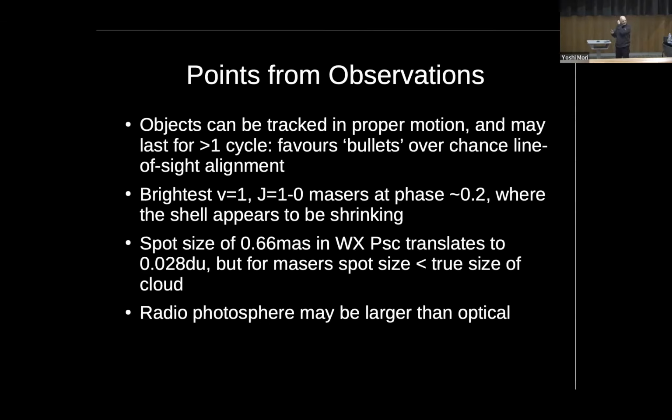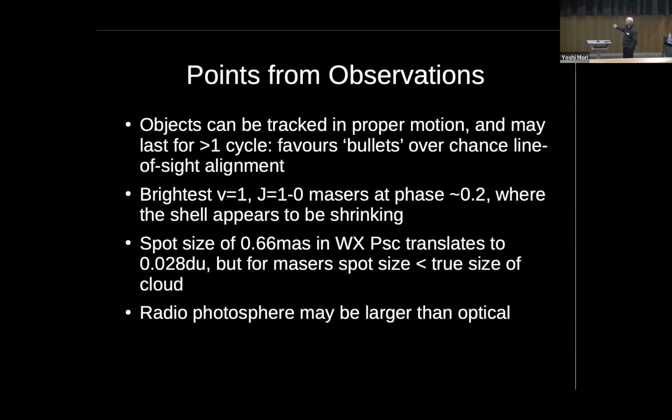So it's probably possible to ignore to some extent the overlaps of clouds. I've used a model to get physical conditions that corresponds to the brightest phase, which is around 0.2 in the optical scale, where the 43 gigahertz masers are brightest and the shell appears to be shrinking.